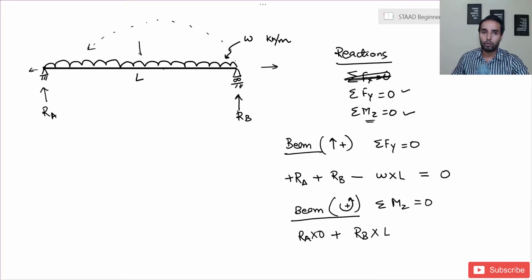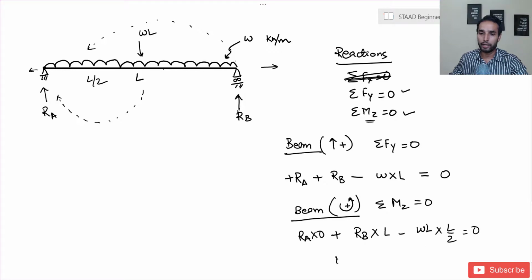The total load on this is W into L, and this is creating a moment in the clockwise direction, which is WL into L by 2. So this is minus WL into L by 2 equals 0. Now if I equate it, RB comes out to be WL by 2.